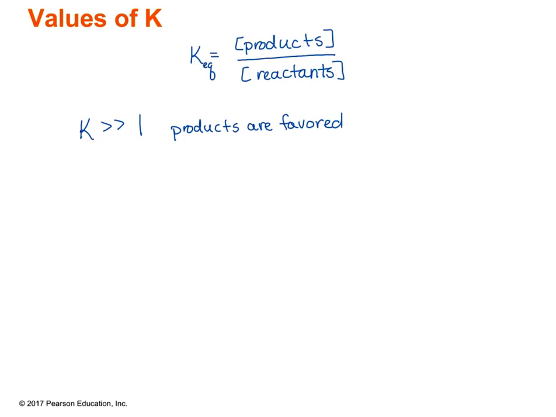If products are favored, that means that the acid or base has completely dissociated or ionized. So that means we have a strong acid or base. As an example, this would apply to HCl.